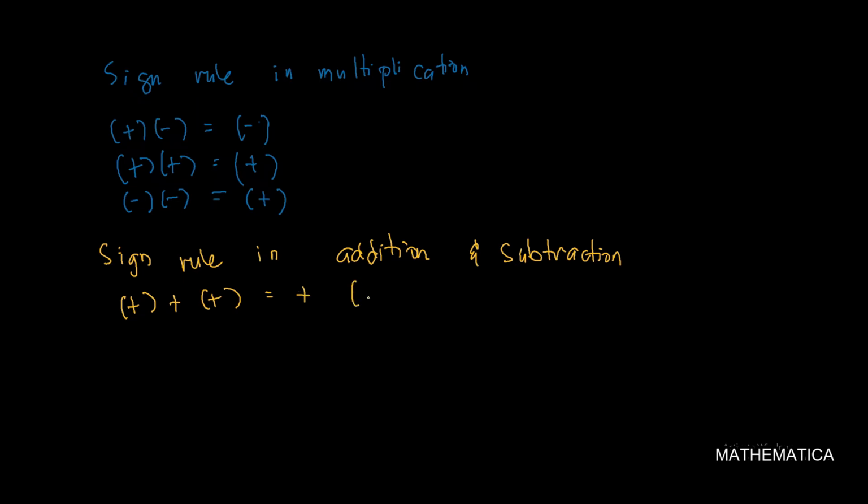The operation is addition. When you add two like signs, let's say negative plus negative, the sign of the answer is negative. But the operation is still addition.